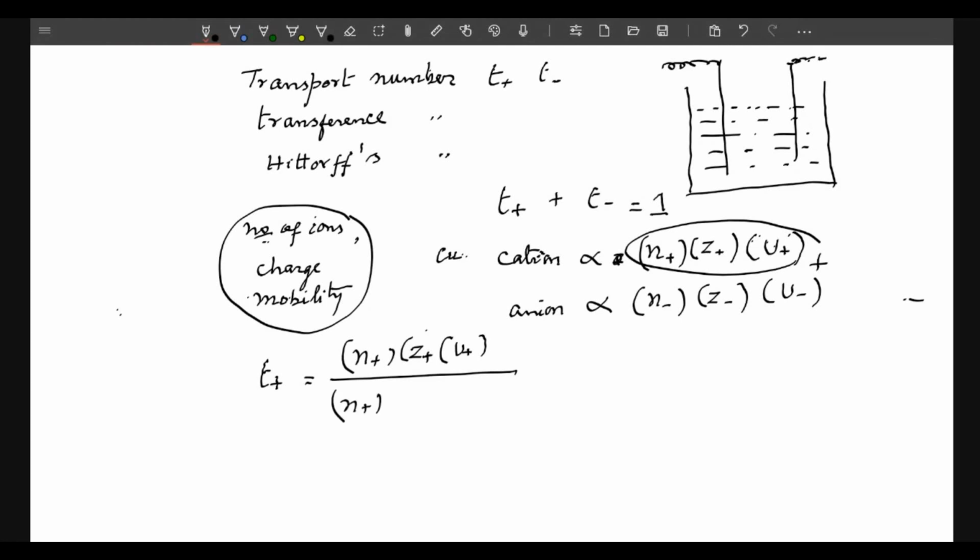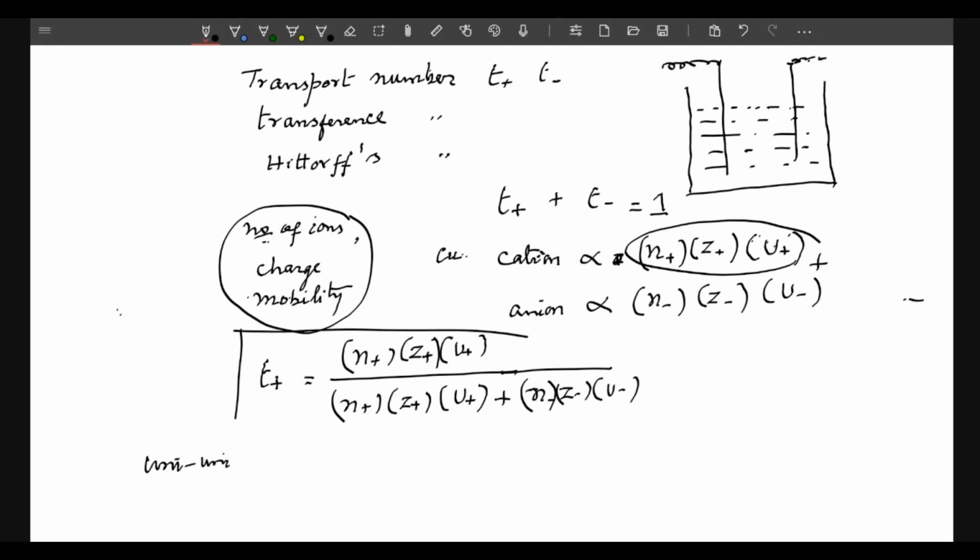The current carried by the cation and the current carried by the anion, plus N minus Z minus U minus. This we call the transport number or transference number or Hittorf's number. For a univalent electrolyte like sodium chloride, we simplify.